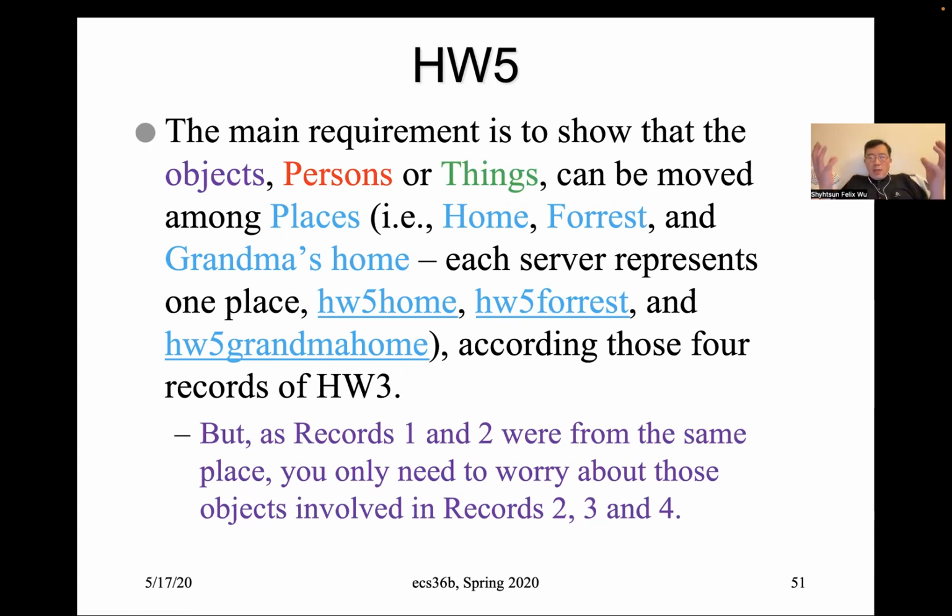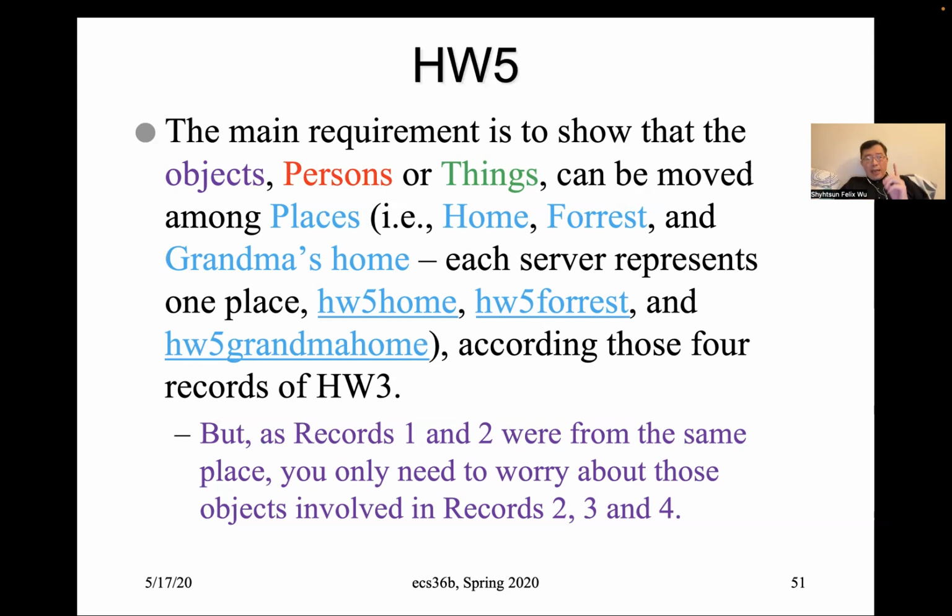So they're not a single program like your homework assignment number 3. They're essentially 3 different programs, but they coordinate with each other to represent the transitions between record 2 and record 3 and between record 3 and record 4. I talked about how you can do programming with 3 programs in the video I showed earlier, or during the office hour discussion today.